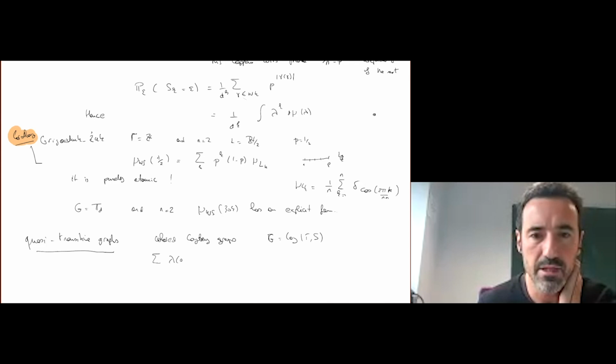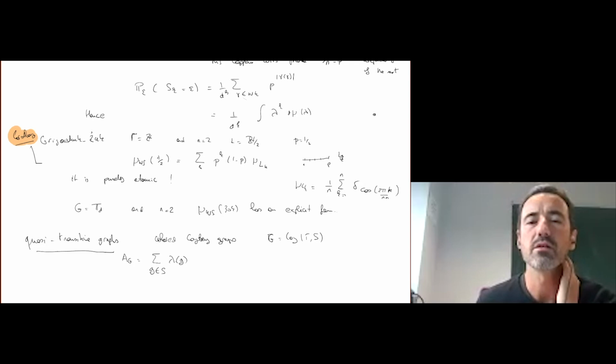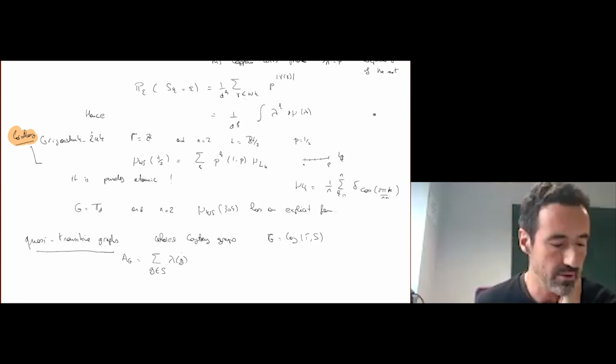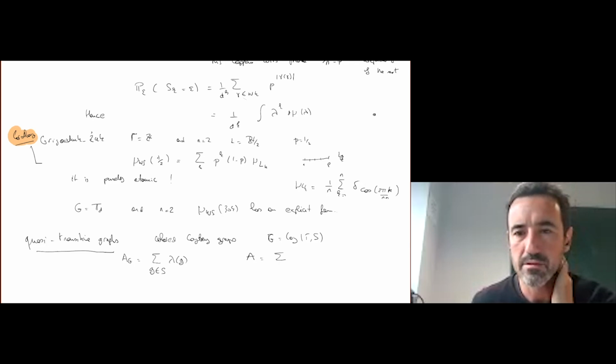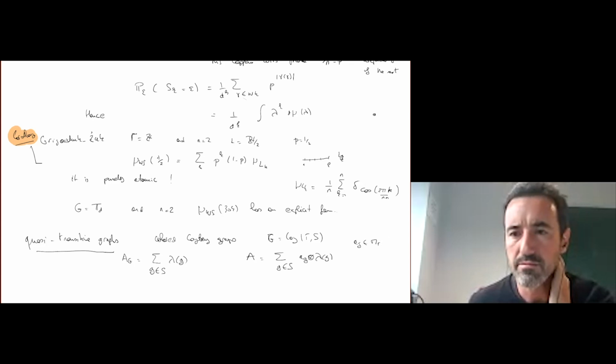We have seen that the adjacency operator of this Cayley graph, you can write it like that, where the lambda G are the left multiplication operator by the element G. And if you have an operator of the form sum over all G in S of A_G tensor lambda G, where the A_G are, let's say, matrices of size R which are integer valued, here you have a bounded operator on C to the R tensor L2 of the group.